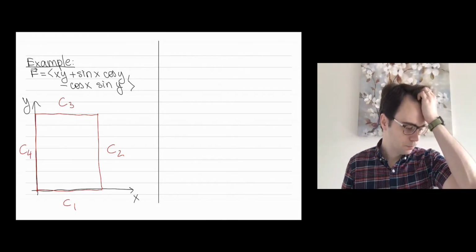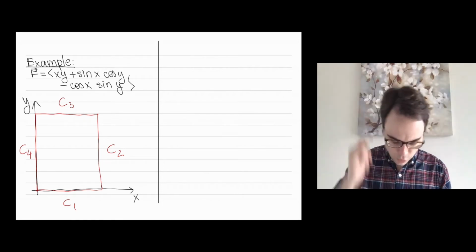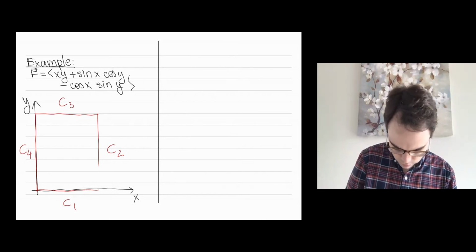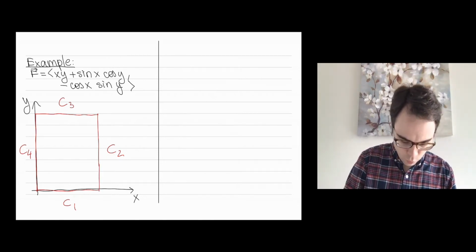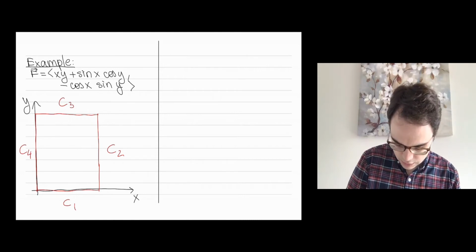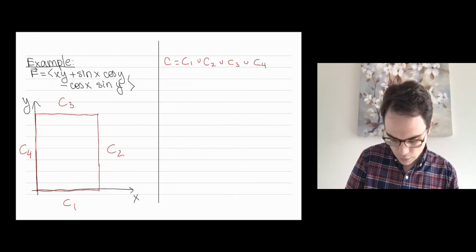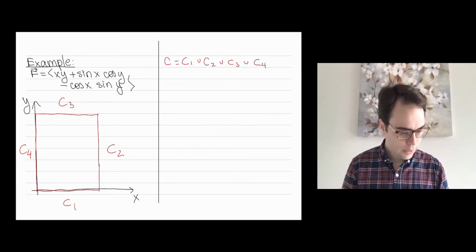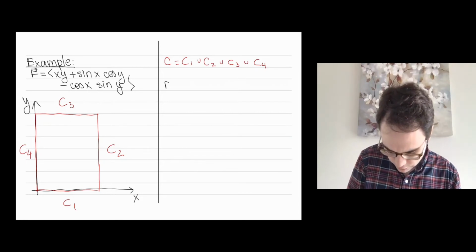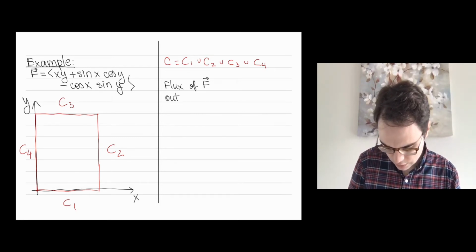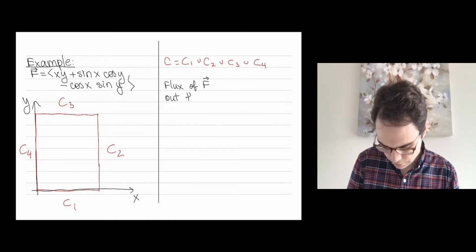And we would like to know, so our curve C is just all 4 sides, and we would like to know the flux of the vector field out through C.